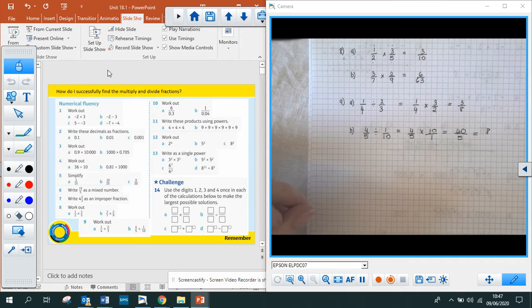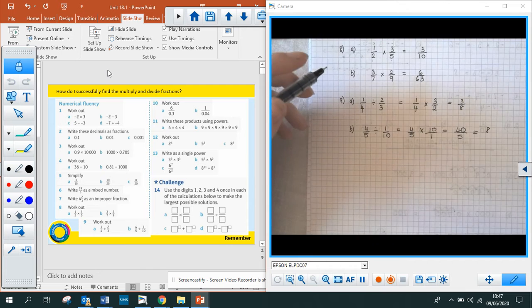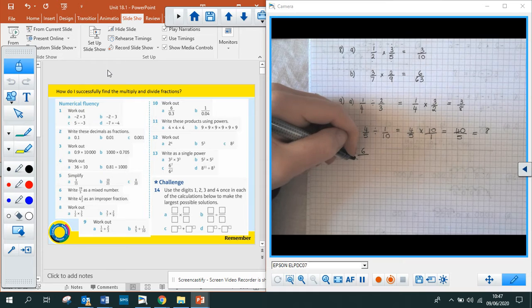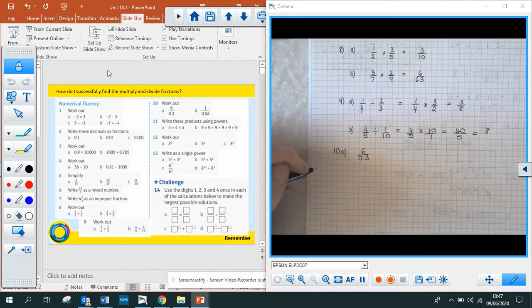Question 10. Question 10a says, work out 6 over 0.3. So that means 6 divided by 0.3. Okay?